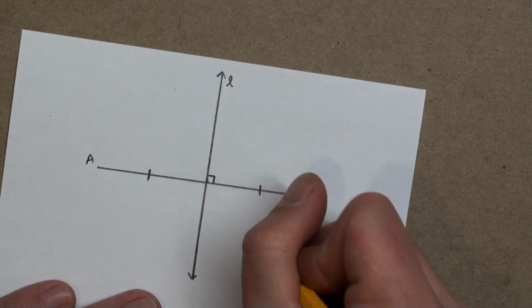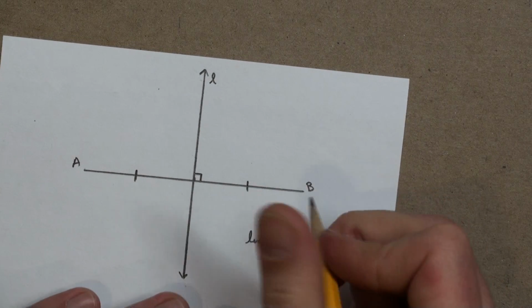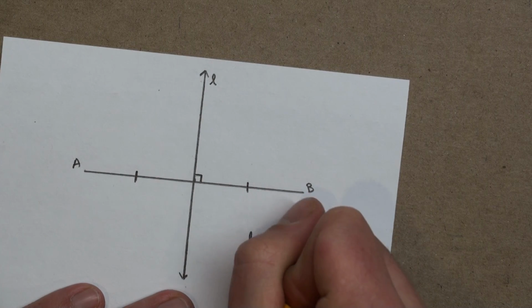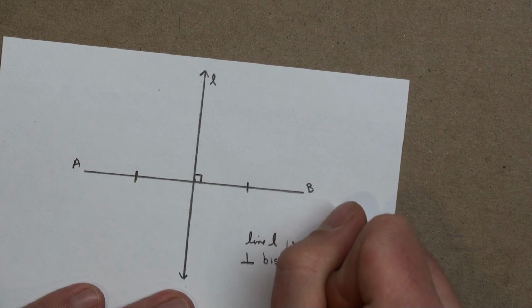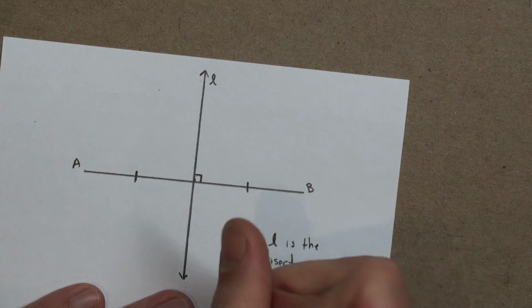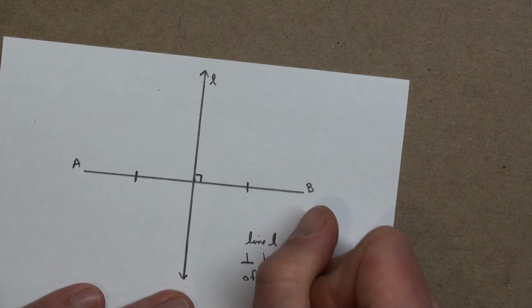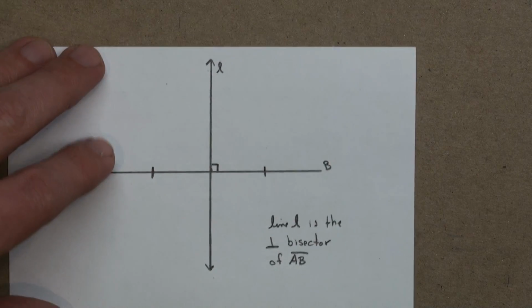So we can say line L is the perpendicular bisector of segment AB. Okay, I'll show you why we wanted to know that. I mean, you need to know that, definitely. Now let's go to card 36.